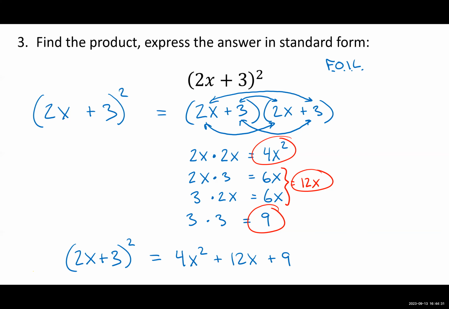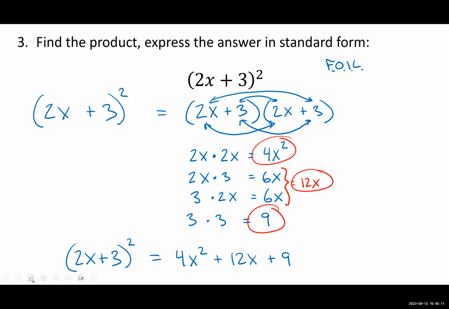One common mistake that I've seen in the past multiple times is squaring each term: saying 2x squared is 4x squared, and 3 squared is 9, and not including what are called the cross terms. That's the 6x and the 6x. So make sure that when you're multiplying two polynomials, every term in the first polynomial is multiplied by each term in the second polynomial.